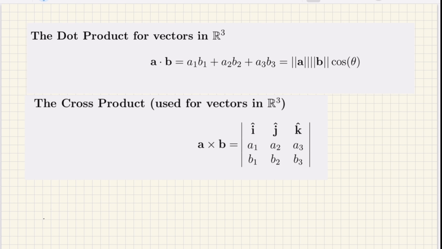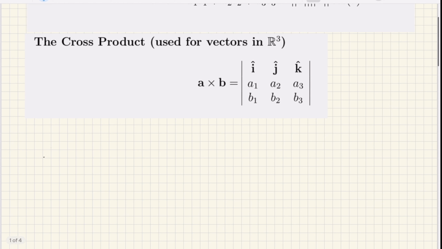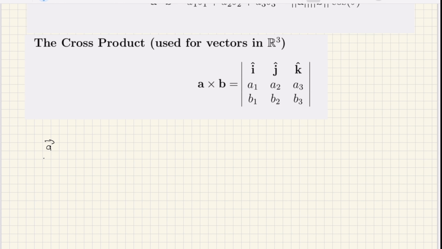First of all, let's talk about the definition of the dot product of two vectors and the definition of the cross product of two vectors. So imagine we are given vector A to be a1 i plus a2 j plus a3 k, and I'm also given vector B to be b1 i plus b2 j plus b3 k.